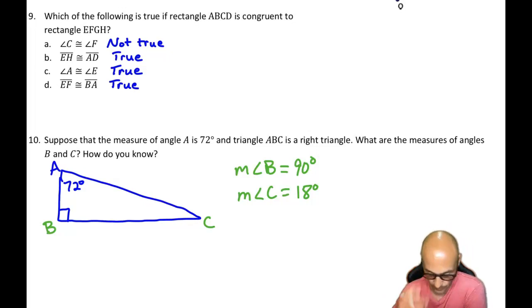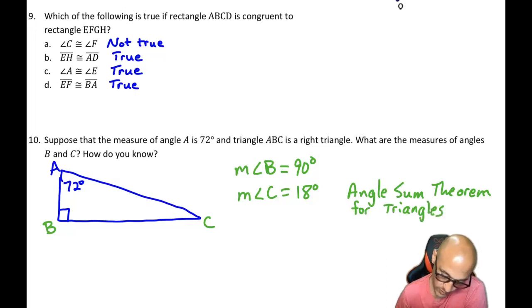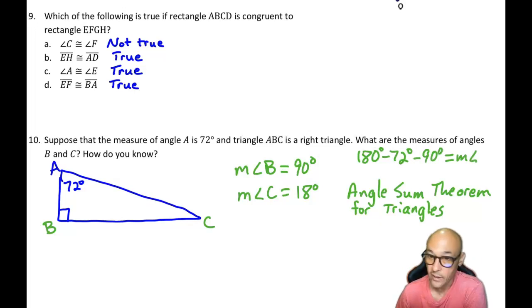By the angle sum theorem for triangles, the way I figured that out is 180 degrees minus 72 degrees minus 90 degrees equals the measure of angle C. And that then is 18 degrees.